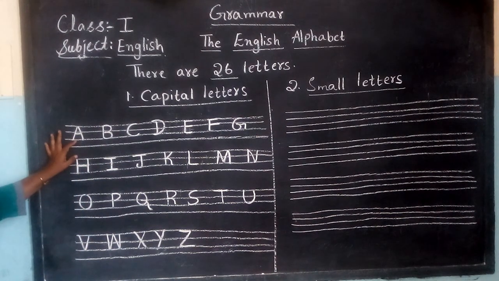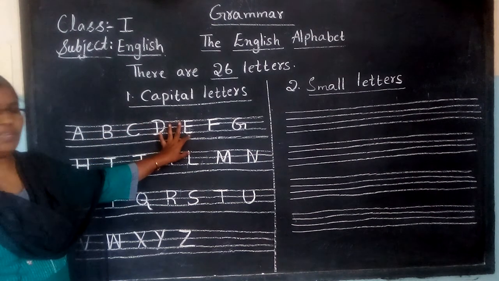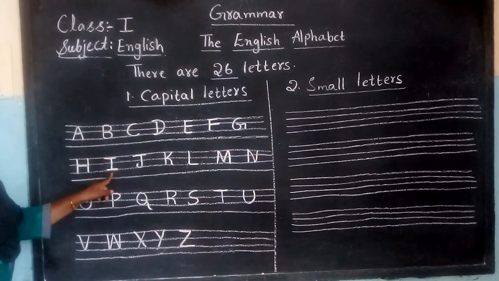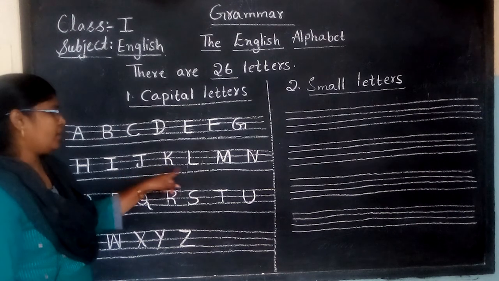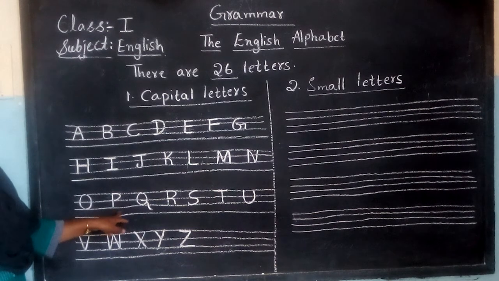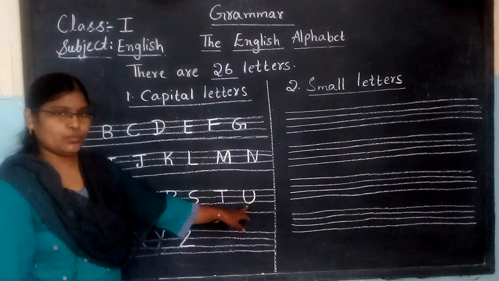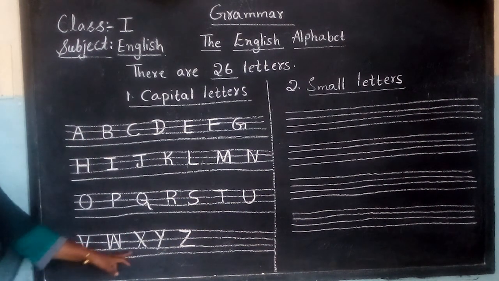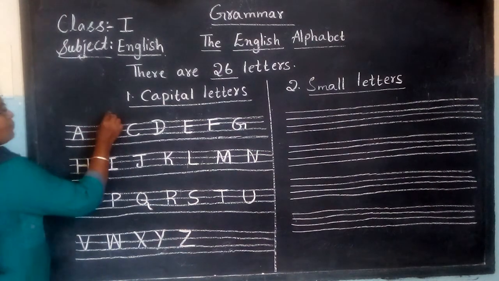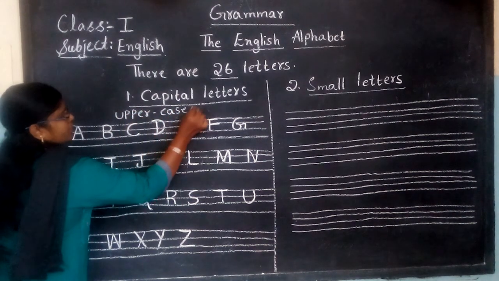Capital A, capital B, capital C, capital D, capital E, capital F, capital G, capital H, I, J, K, L, M, N, O, P, Q, R, S, T, U, V, W, X, Y, Z. These are all called uppercase letters.